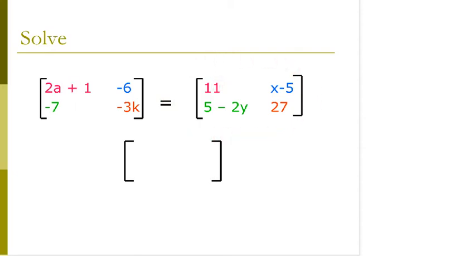So 2a plus 1 has to have the same value as 11. X minus 5 has to have the same value as negative 6. 5 minus 2y has to have the same value as negative 7. Negative 3k has to have the same value as 27.